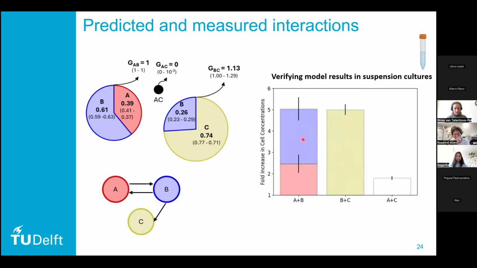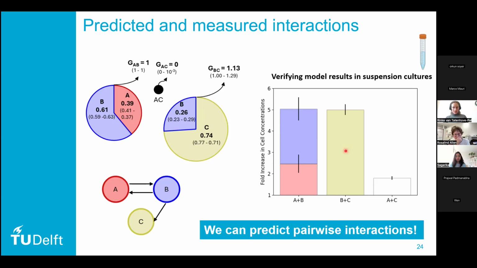And A and B, we have close to equal contribution of both of them, where for B and C together, we basically only see the Cs. So this shows that we can predict the pairwise interactions, which I think is quite cool.